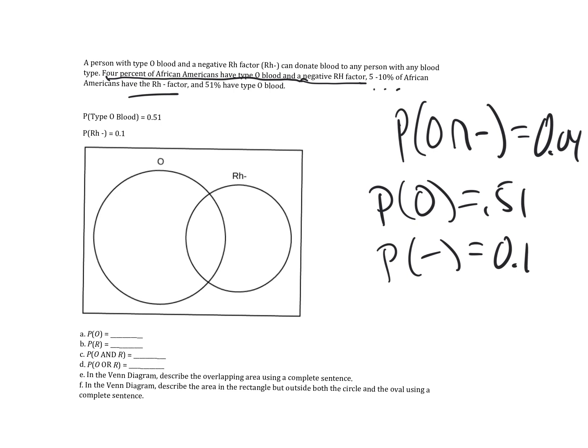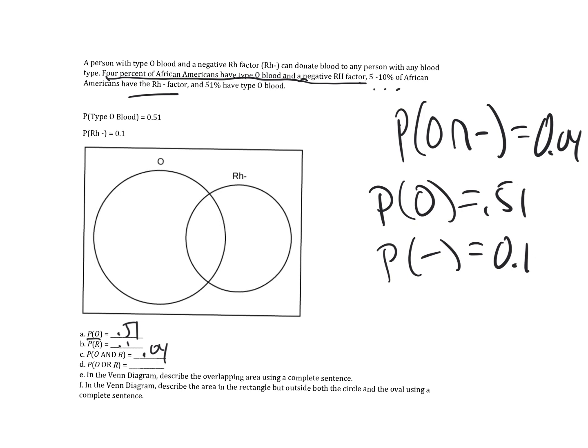So they're going to ask us to do some calculations here. Well, first off, the probability of type O, they told us, is 0.51, the probability of Rh negative is 0.1, and the probability of O and Rh negative is 0.04. So that's what I wrote over there. Now, what's the probability that somebody has type O or Rh negative?